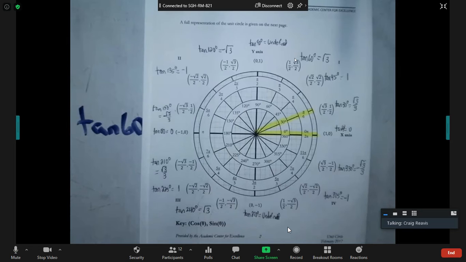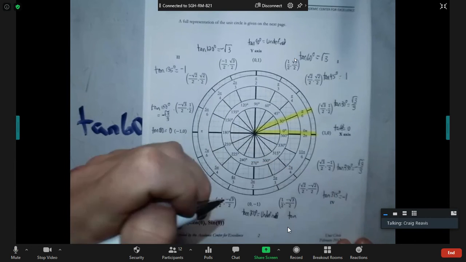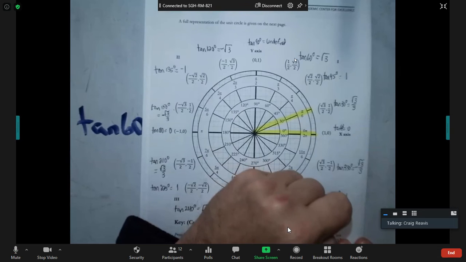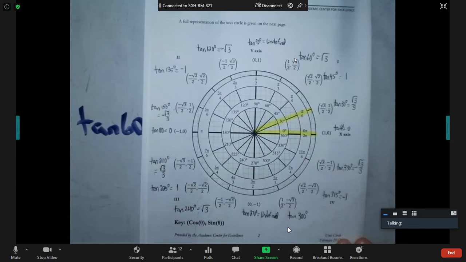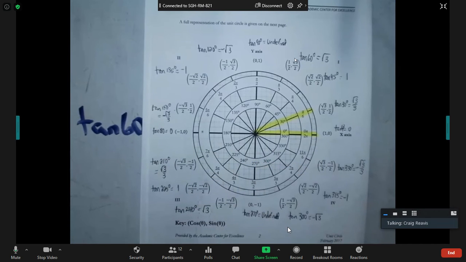So there we go. And then the last one, the tangent of 300 degrees is square root of 3. And we know tangent is negative in quadrant 4. So now you have your unit circle that you can use that has the sine, cosine, and tangent of all those major angles all the way around the unit circle.